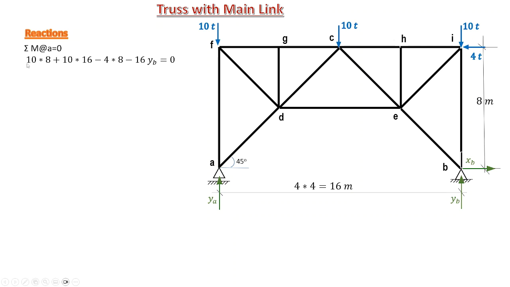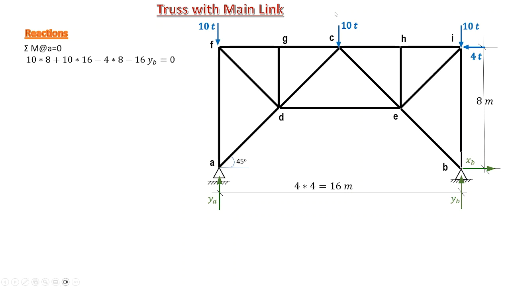We will consider our equation sigma moment at A equals 0, so the forces cancelled here are YA, and XB because its extension really passes through A or has no arm about A. The 10 tons at F also has no arm about A. Those are the forces that don't appear in our equation.